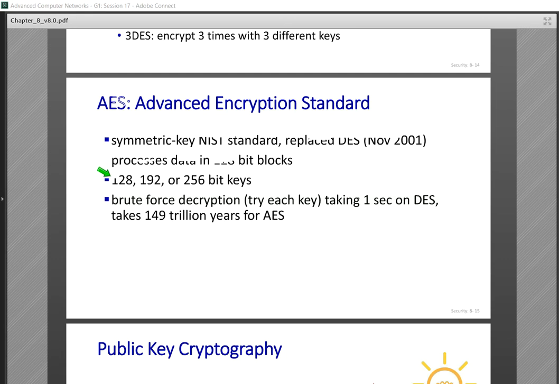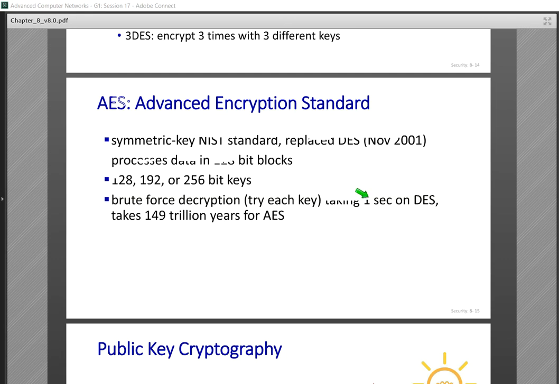So you can see, comparing with this, in AES we are using larger keys. Using larger keys means that AES is stronger than this strategy.